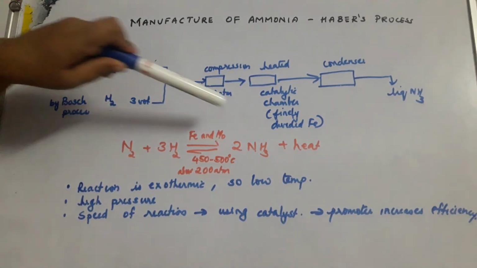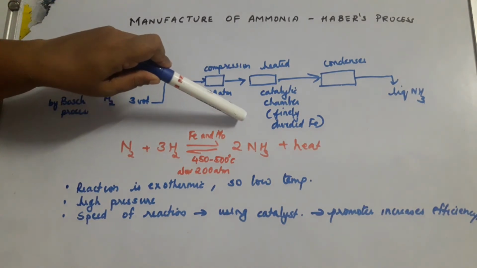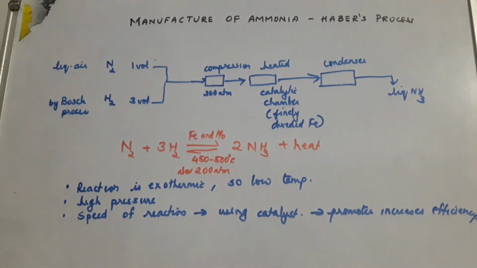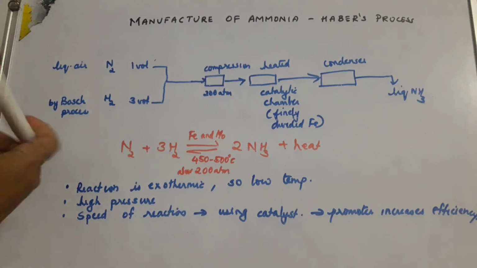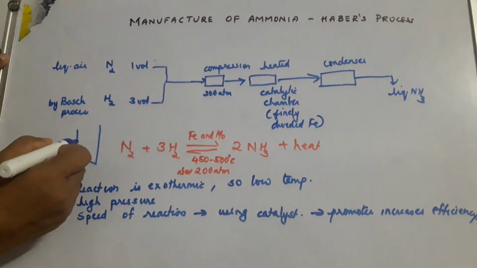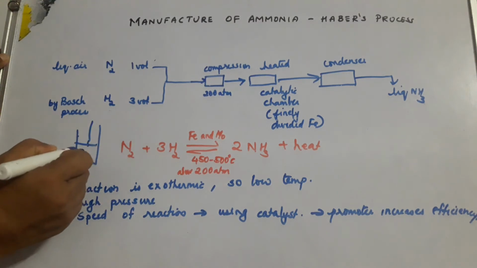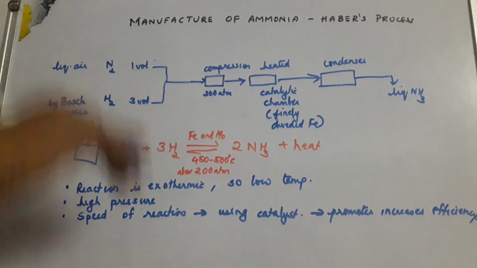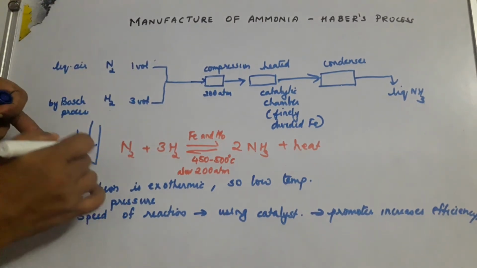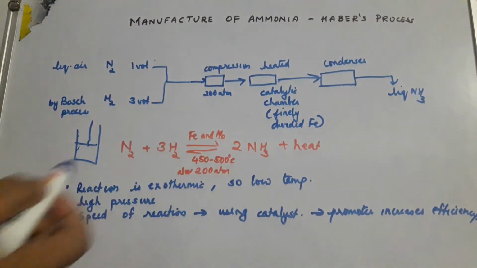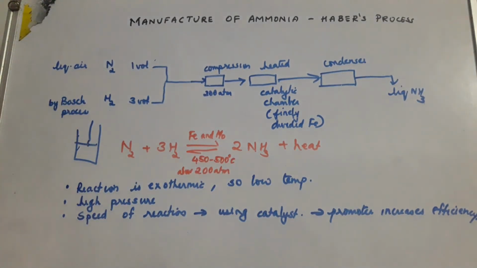So when volume is decreasing, that means pressure should be increased. We know that when pressure is increased in a container with gas, the gas volume gets compressed or decreased.